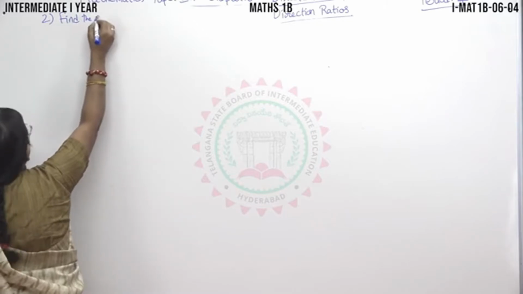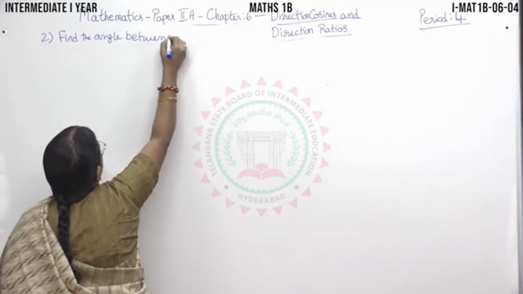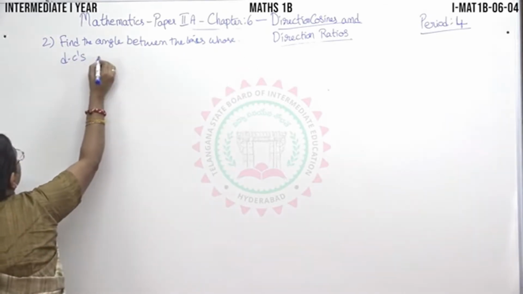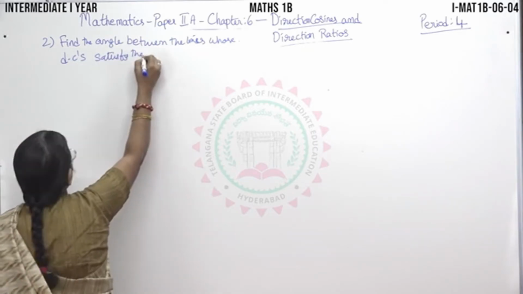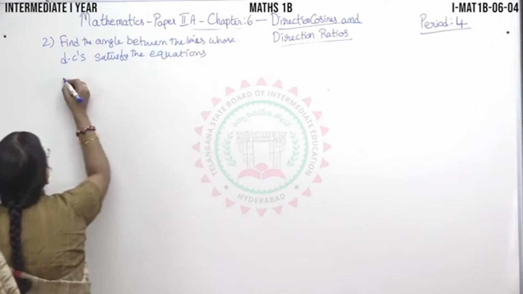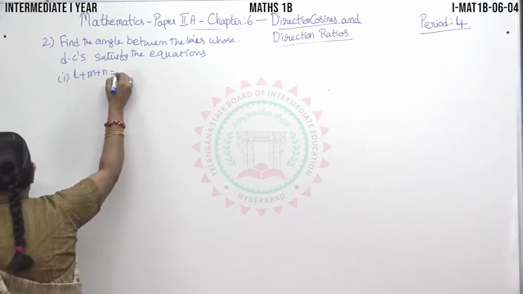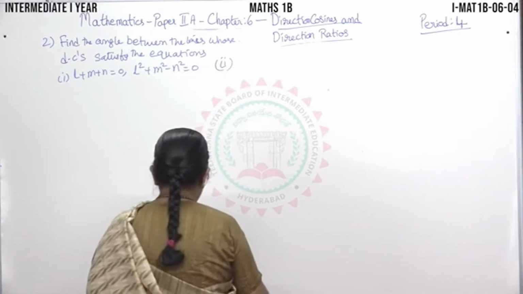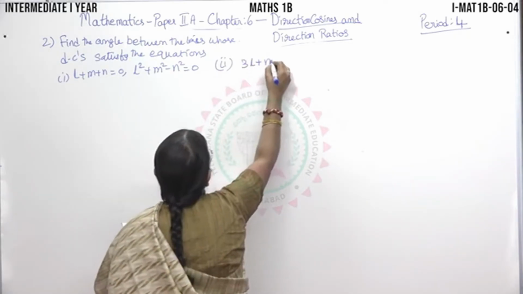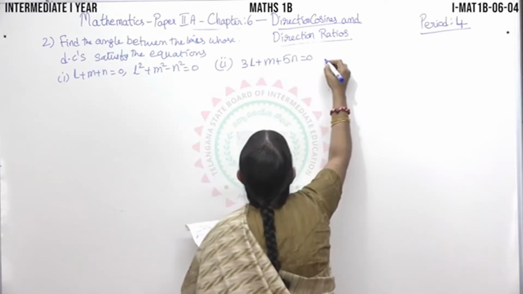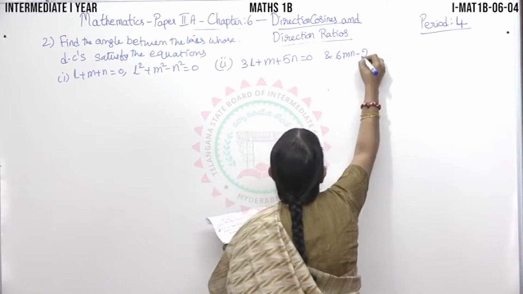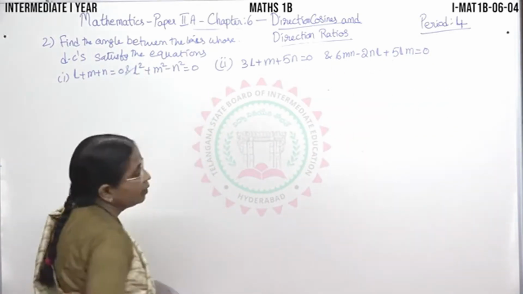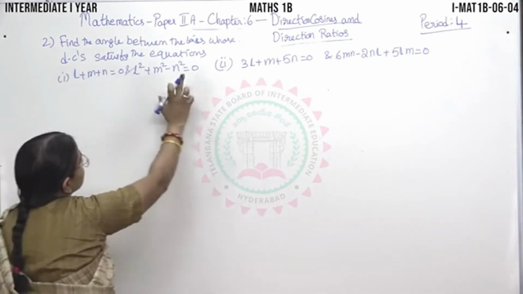So next problem, find the angle between the lines. Now find the angle between the lines whose direction cosines satisfy the equations.